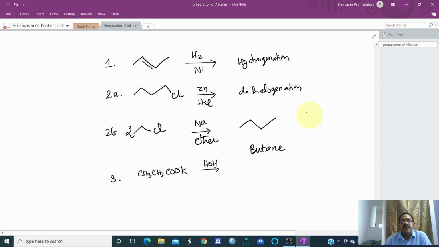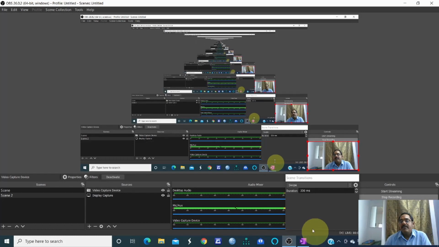The third one is again the same thing, dehalogenation, like the second, because second A and second B are the same. What is the last name? It is decarboxylation. Can we give the name for this? The name for this is Kolbe's. What is the name for this? The name for this is Wurtz. Okay, with this we end this session.